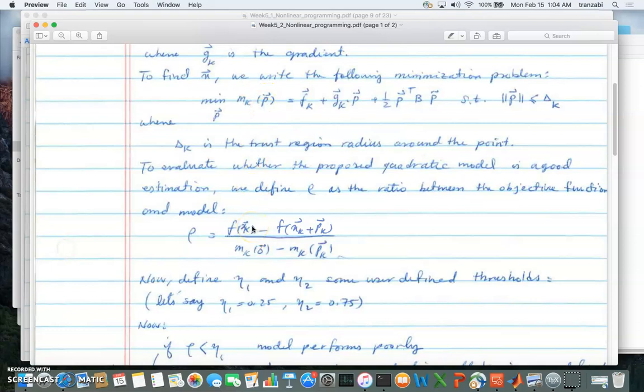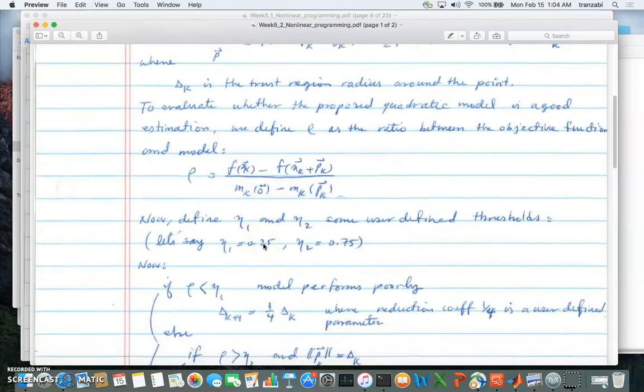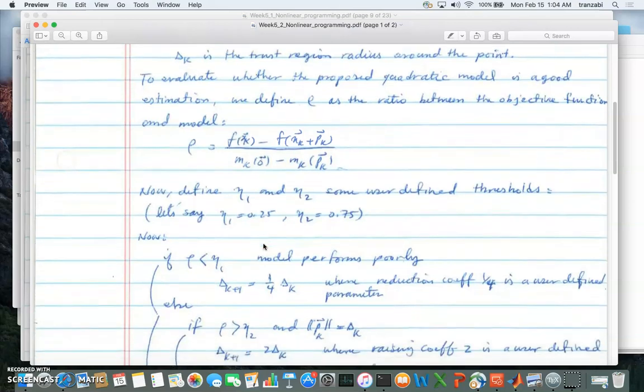If this ratio is bigger than something, then we can increase the step size. If it's less than some other thing, then we have to lower the step size. Now in Dogleg method, we pick two numbers here, the lower and upper bound for the delta.